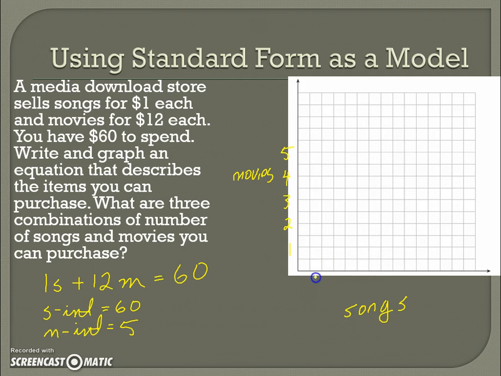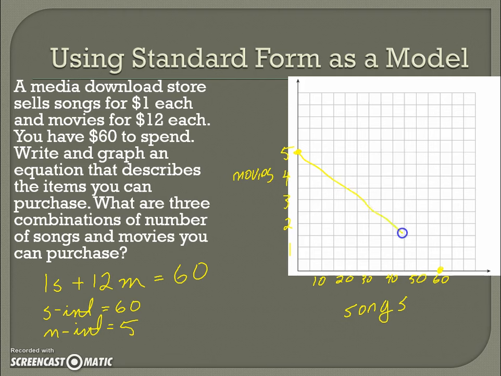Yep. All right, so we'll make each block worth 5. And I use these intercepts. So this intercept is right here. This intercept is right here. And then I connect the two of them.